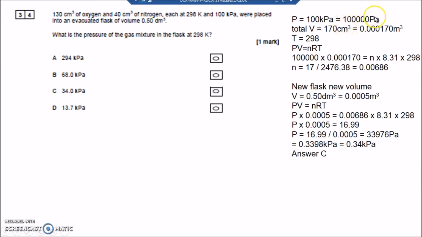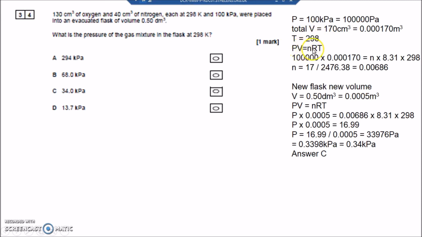So I'm going from a small unit into a larger unit, centimeter cubed into decimeter cubed. Then to go up into meter cubed, a larger unit, I divide by 1,000 again. So 170 centimeter cubed divided by 1,000, 0.170. Divide by 1,000 again, 0.00170 meters cubed. My temperature is already in kelvins, that's fine.